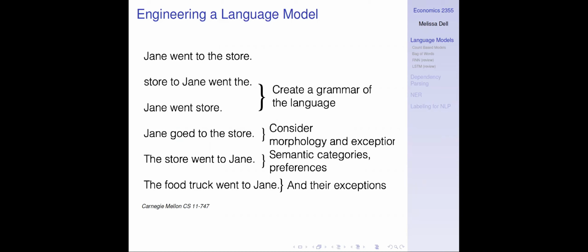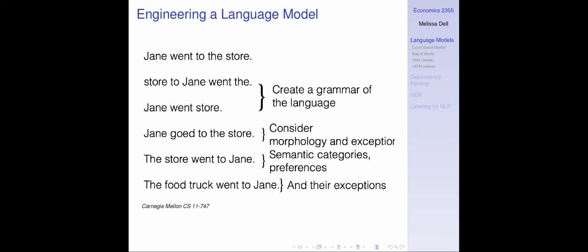If you're trying to do that based on a rule, here's an example: Jane went to the store. That's a very standard sentence. But then there are variants of that. Store to Jane went the. It has all the same words, but the grammar is messed up. Or Jane went store. It has all the same information, but that's not how we say it.